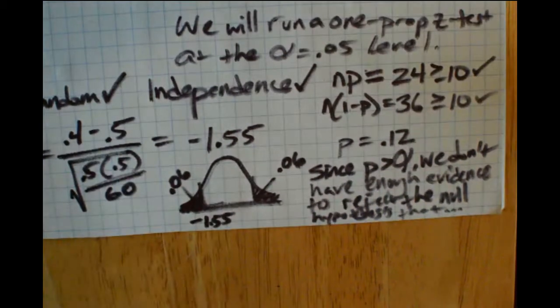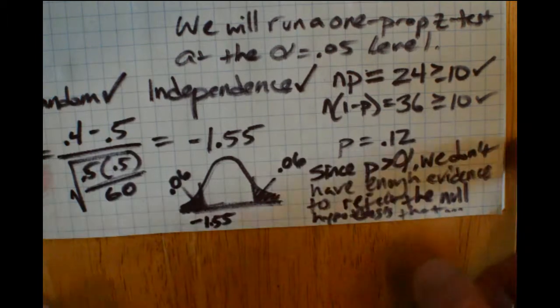So since p is greater than alpha, we don't have enough evidence to reject the null hypothesis that flipping the frisbee is fair. That is a probability of 0.5 to get heads or tails. So that right there, that is a one prop z test.